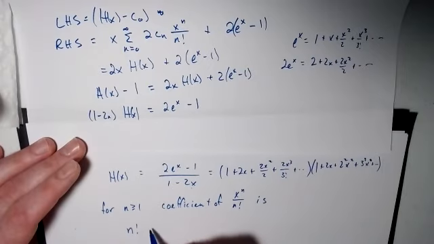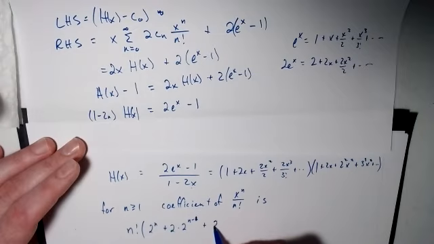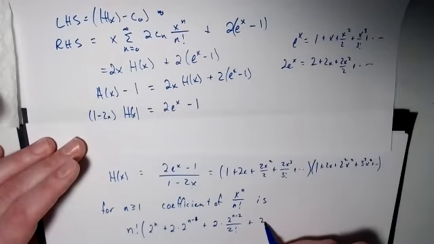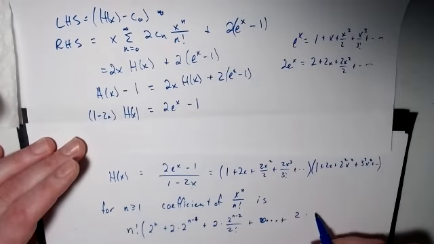n factorial times 2 to the n plus 2 times 2 to the n minus 1 plus 2 times 2 to the n minus 2 over 2 factorial plus dots here, and then 2 times 2 to the 1 over n minus 1 factorial.